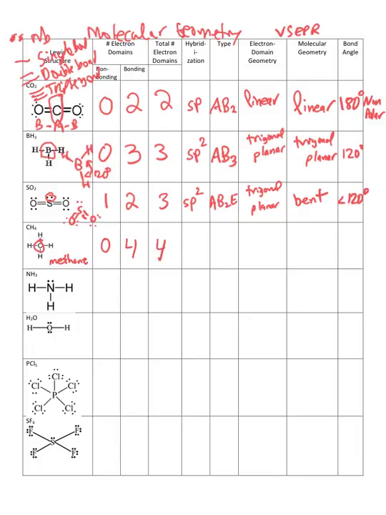That means it's got 4 electron domains. And so we could call this an AB4 type of molecule. When it's got 4 electron domains, the hybridization is going to be sp3, and the electron domain geometry is going to be tetrahedral.